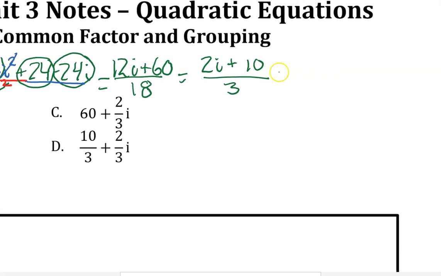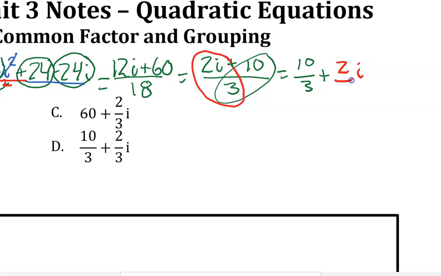Or we can write this as 10 over 3 plus 2i over 3, which is letter D in our solutions.